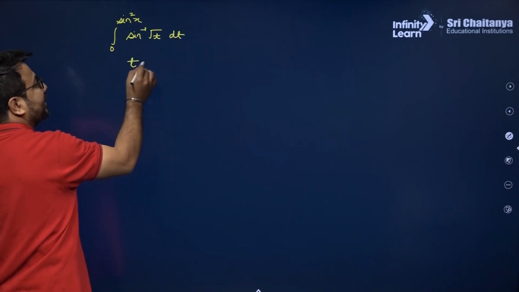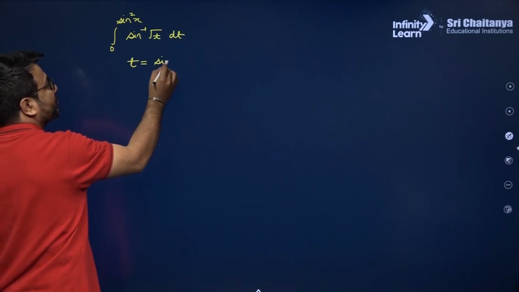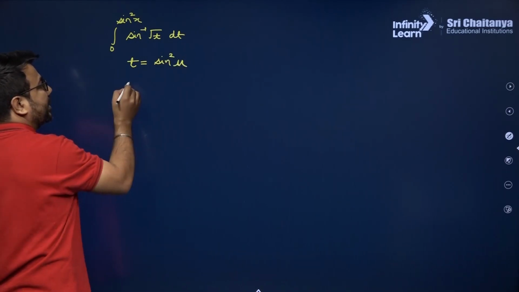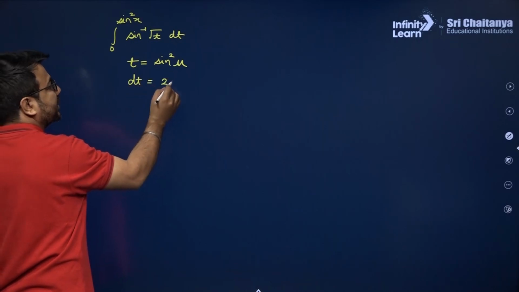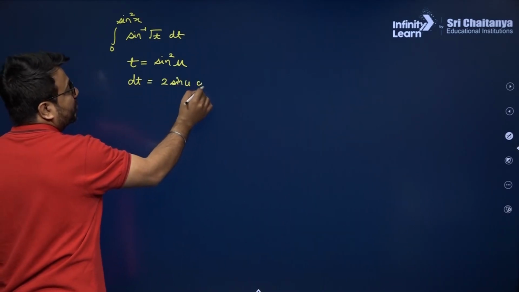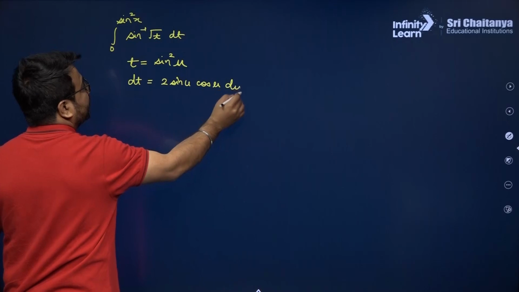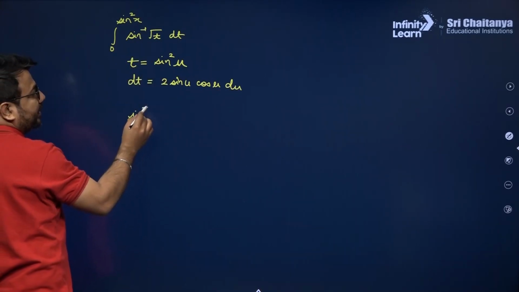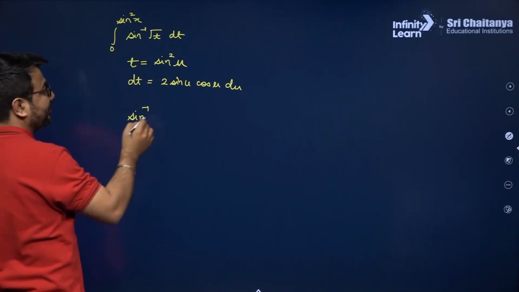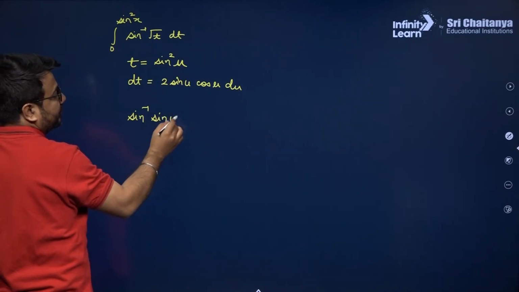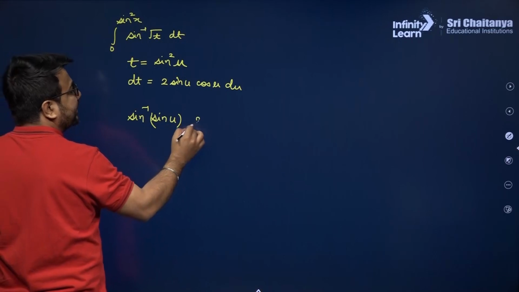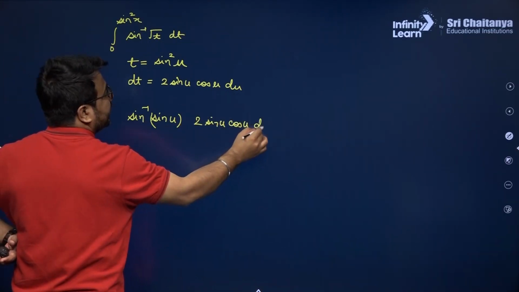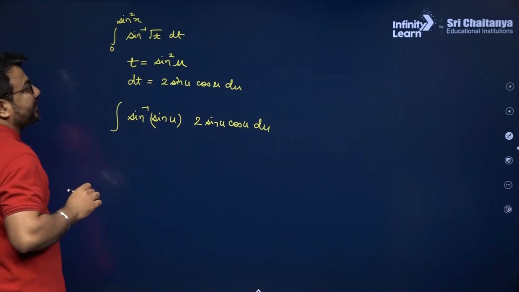So I am assuming the value of t as sine square u, for example. Now this dt will be 2 sine u cos u into du. If I put the value of t, which is sine square u, it will be sine inverse sine u, and instead of dt it will be 2 sine u cos u du.